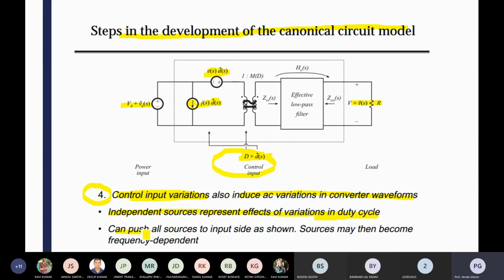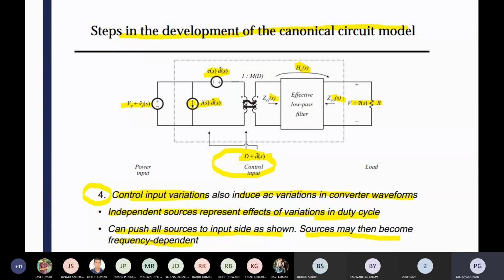You can push all the sources to the input side as shown in the figure, and the sources may become frequency dependent. You can see some J factors and S, all in the S domain. The S domain is the complex frequency domain, so it is definitely switching frequency dependent. If that value changes, it directly affects the AC component.